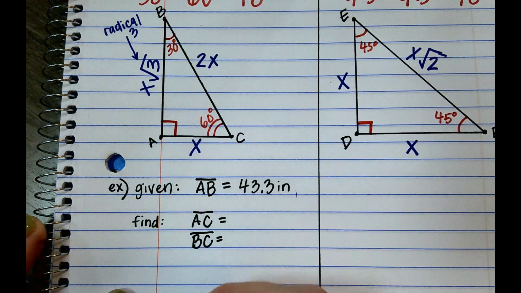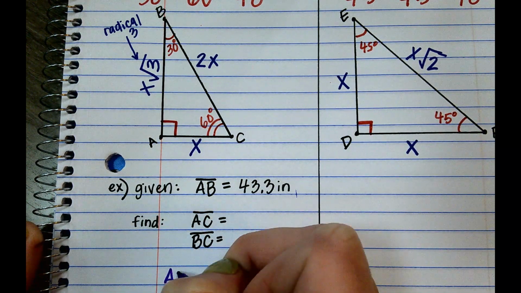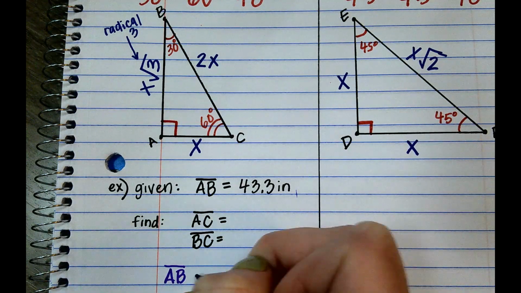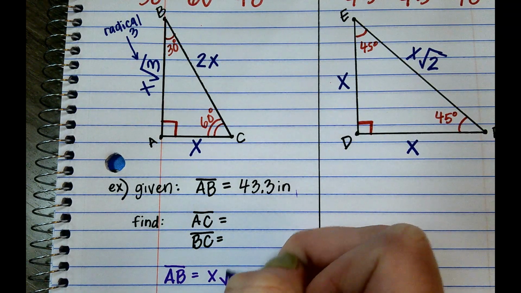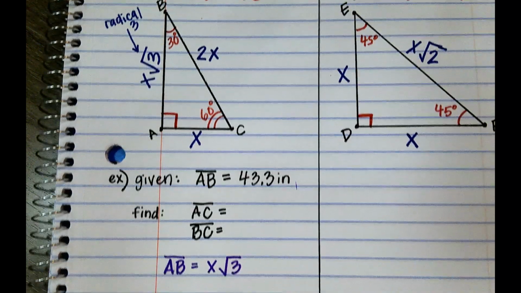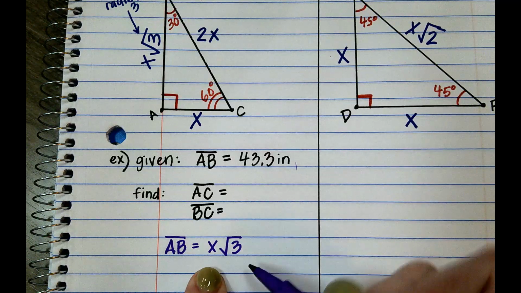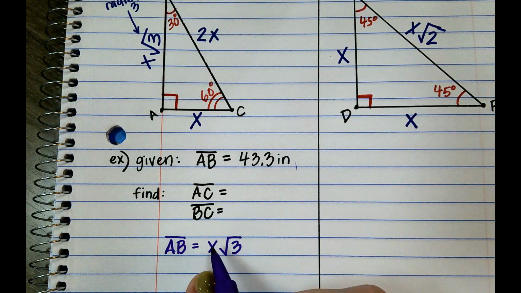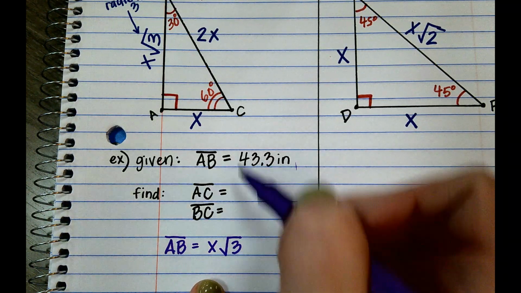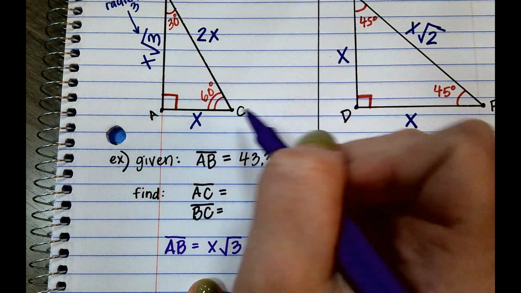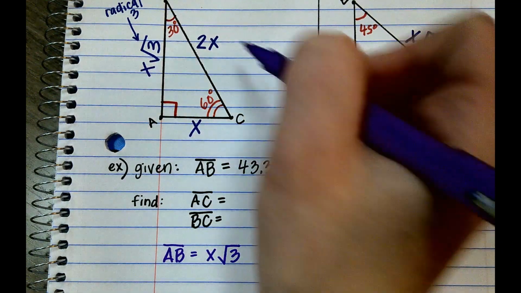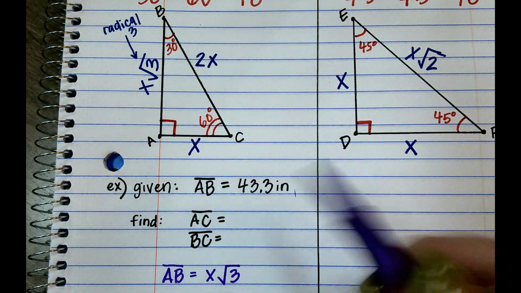So I'm going to come down here and I'm going to write AB equals x radical 3. We need to find x. Because once I know what x is by itself, I can say, well, now I know what AC is because that's x. I can plug that in, take it times 2, and I'll know what BC is.